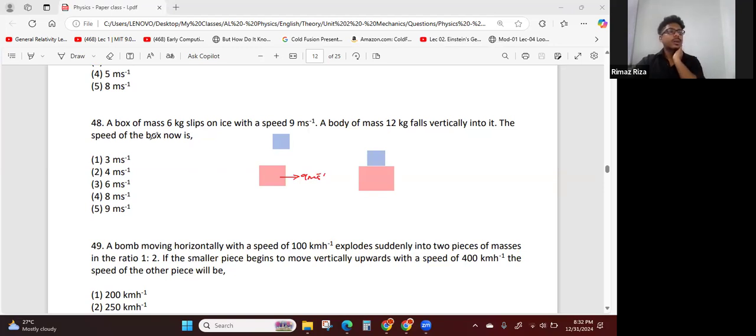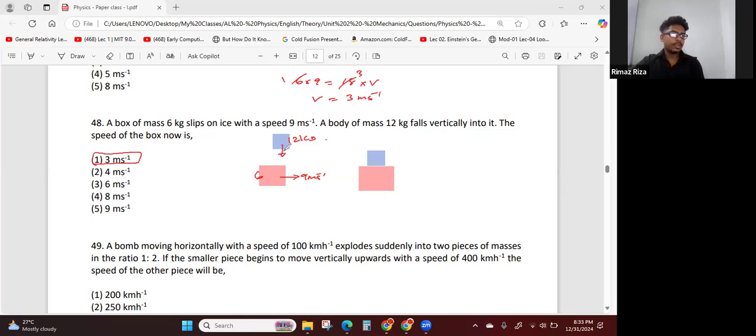Mass 6, and this one has a mass of 12 kilograms. Simply, you can write the momentum conservation. So 6 into 9 equals 12 plus 6, 18, into V. Okay, so 6 into 1, 6 into 3. So V equals 3. Amira's answer is correct, 3 meters per second.